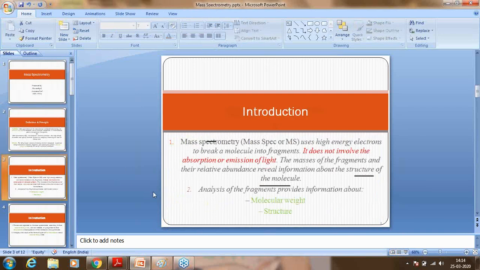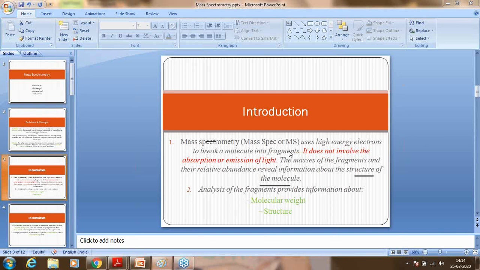Introduction. Mass spectrometry uses high energy electrons to break a molecule into fragments. I've already told you that the high energy electrons are bombarded with the sample, and the sample is converted into fragments, and those fragments will have a charge.